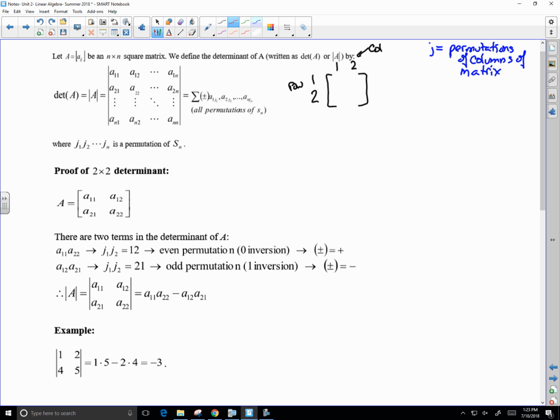All right, so we have 2 columns, column 1 and column 2. So the possibilities would be 1 and 2, or 2 and 1. All right, so this has no inversions.